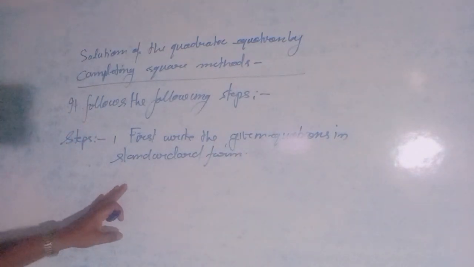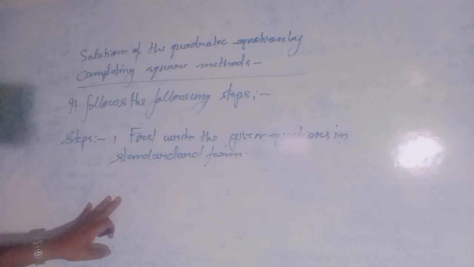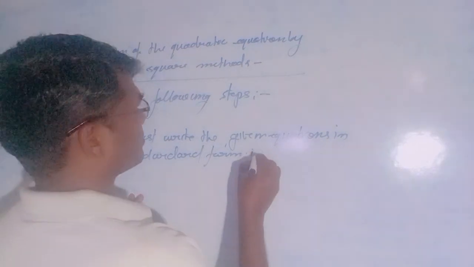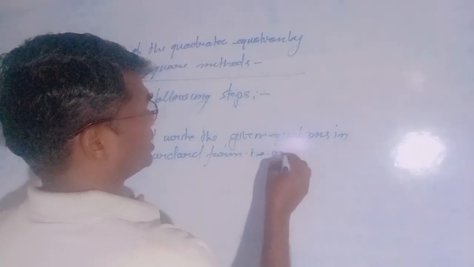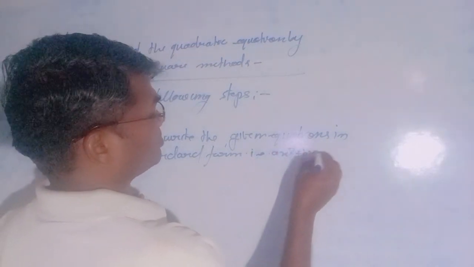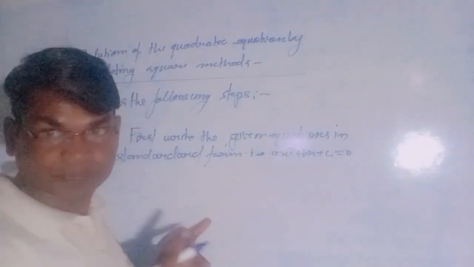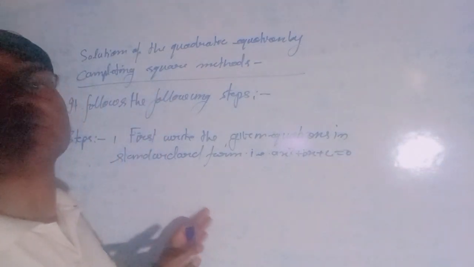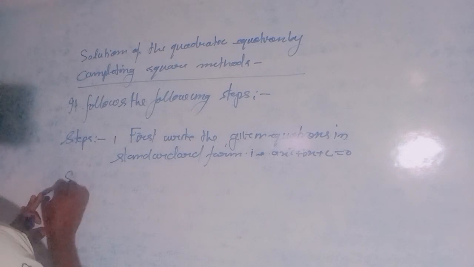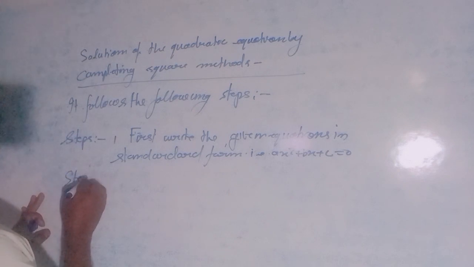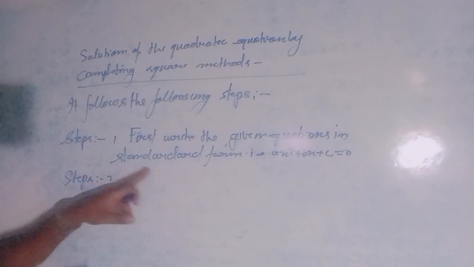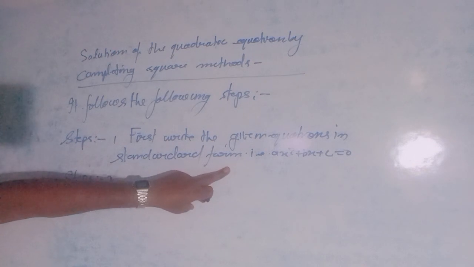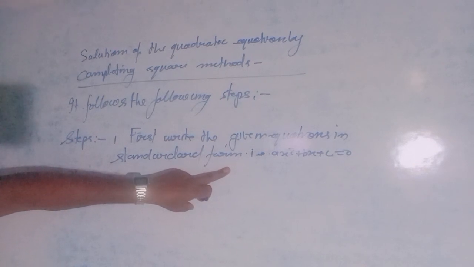Standard form. Okay. Write the given equation in the standard form, that is ax square plus bx plus c is equal to 0. Got it? Now, second step.